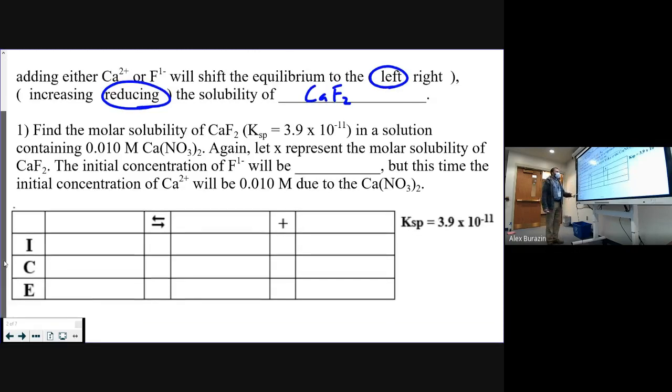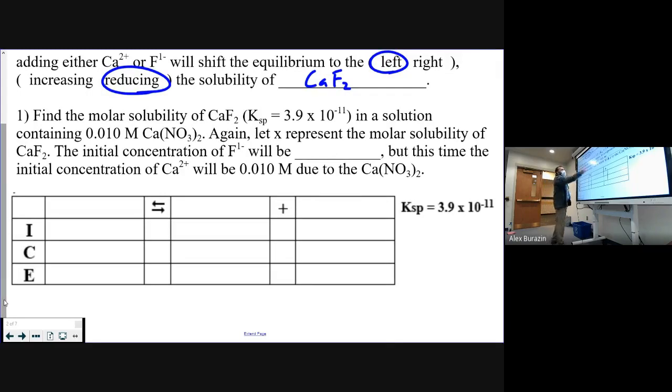So let's set up our ice table like we always would. This is what I'm interested in. I'm interested in the calcium fluoride. So I have CaF2, solid. I have calcium ions, aqueous as a product. I have 2 fluoride ions, aqueous as my other product.